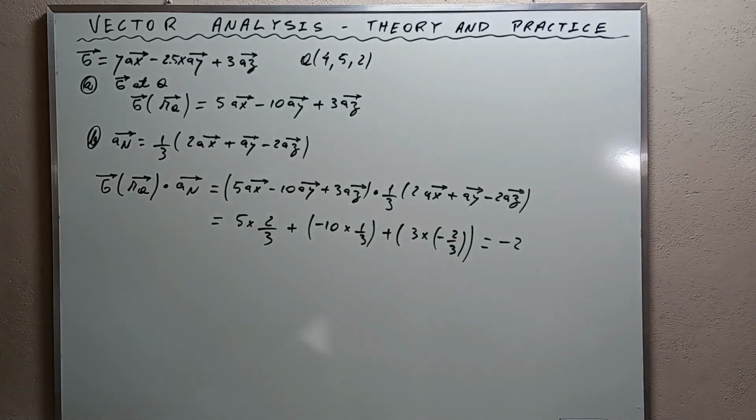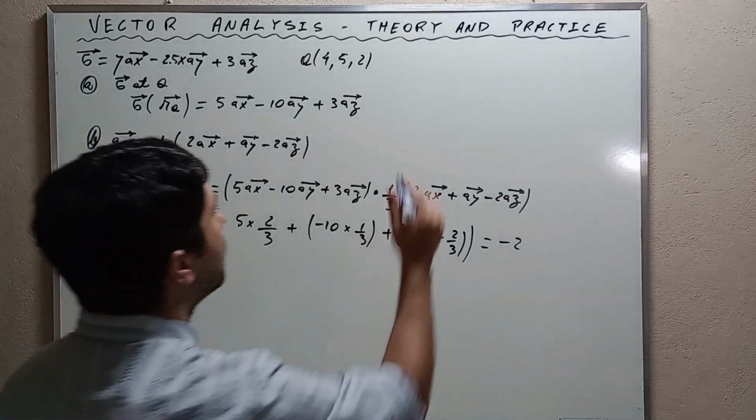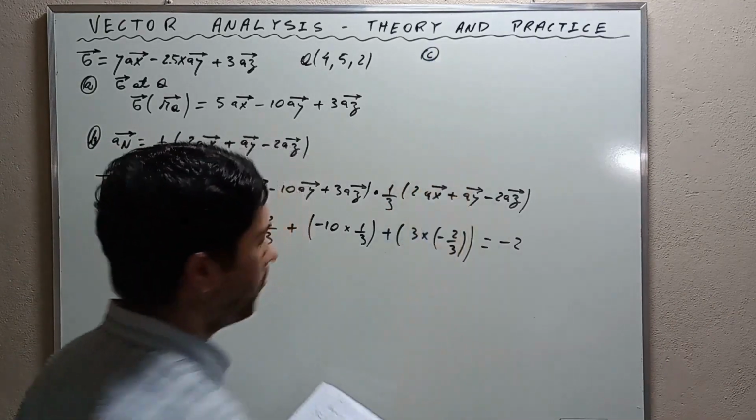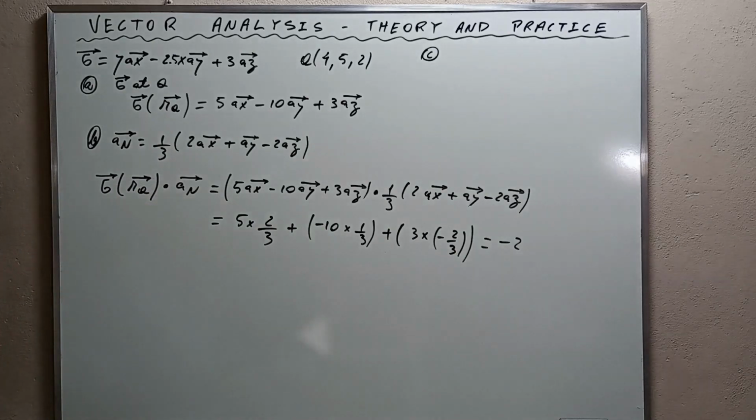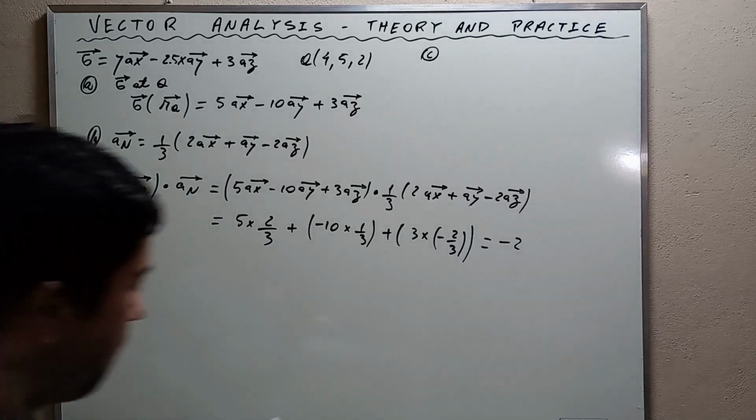Now let's go to letter C. What does letter C want? The vector component of G at Q in the direction of AM. We want the vector component of G at Q in the direction of AM. The vector component is obtained by multiplying the scalar component by the unit vector in the direction of AM.